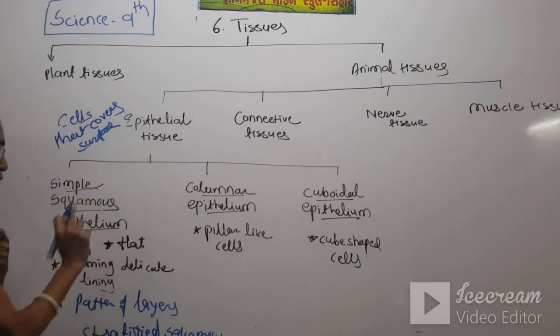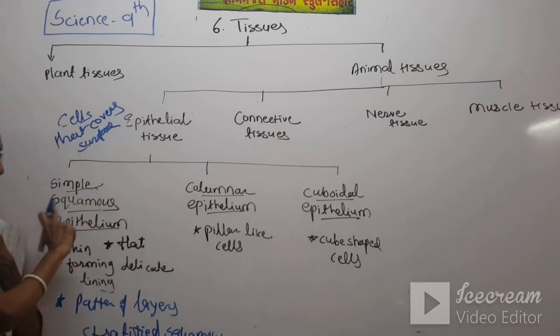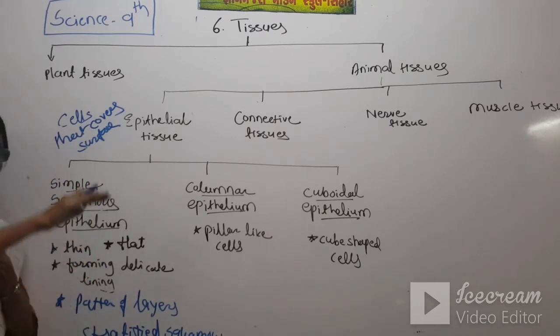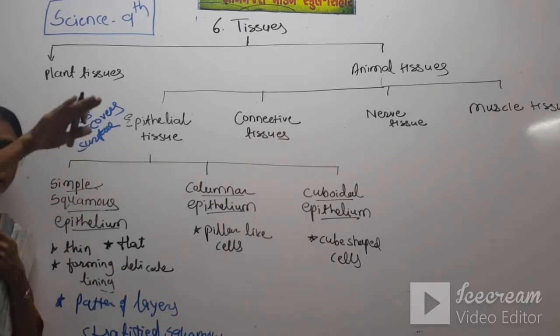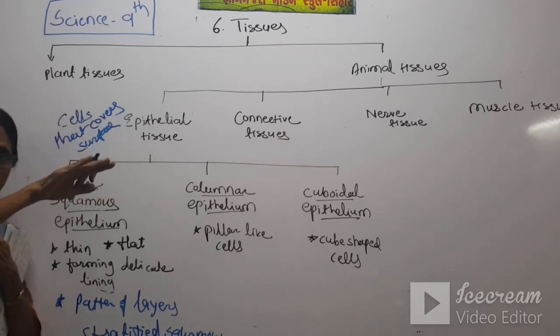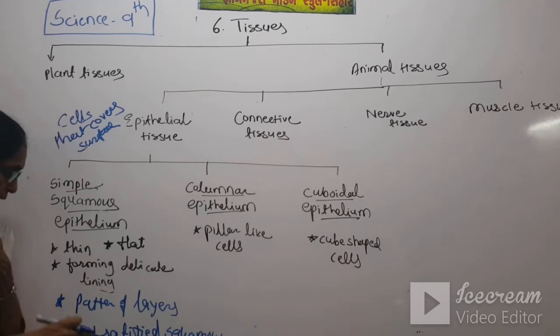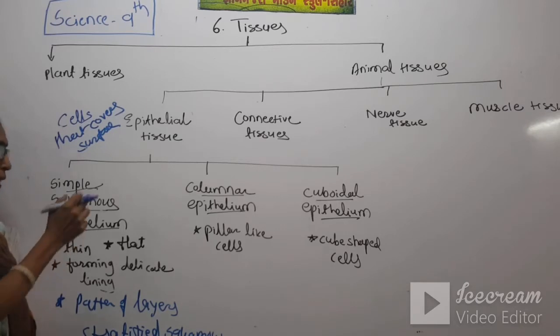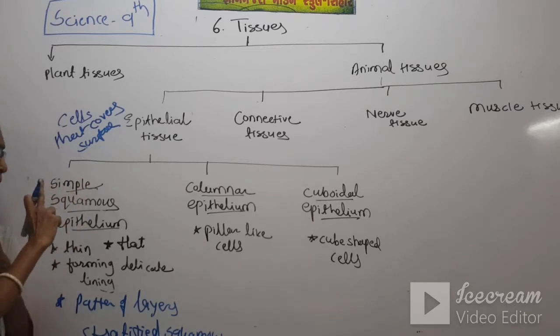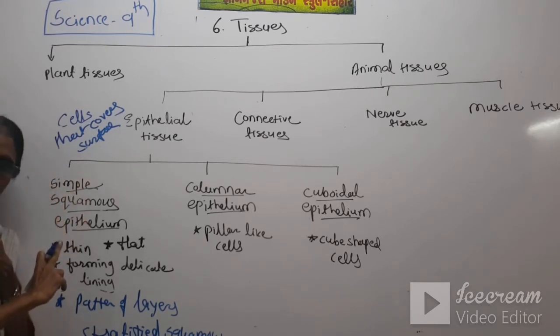Generally they are called simple squamous epithelium, but some layers are there, one above another. When layers are formed, then they are called stratified squamous epithelium. Otherwise simply they are called simple squamous epithelium.